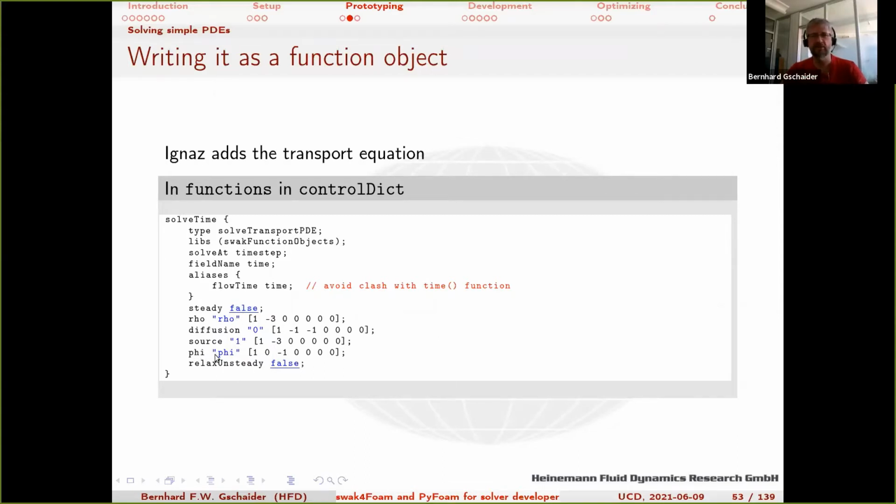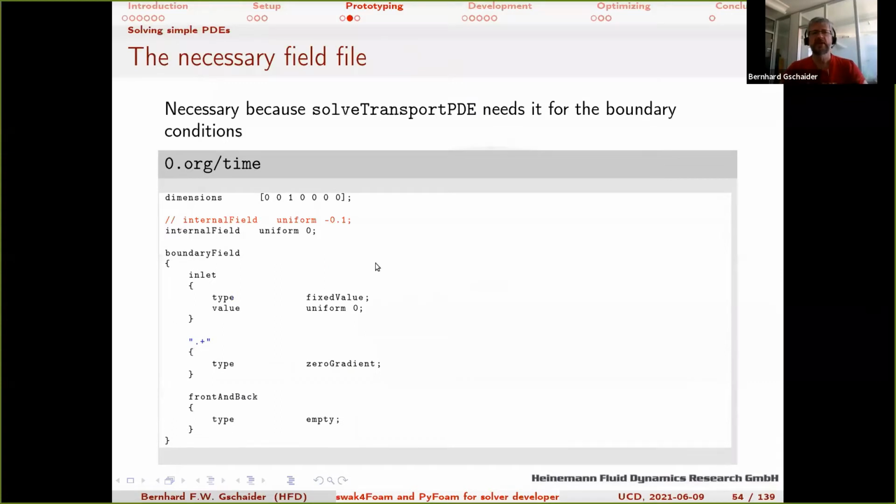And for convection, use the field phi. And also solve this at every time step, because sometimes you want to have a steady solution that you only solve in the beginning. Then you set a different solve at here.